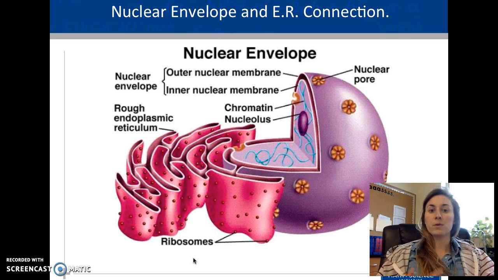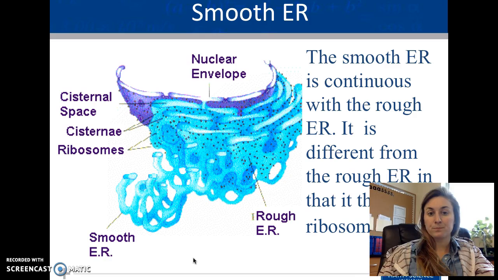If we think about the purpose of the endoplasmic reticulum and the ribosomes that are located on the rough ER, its primary purpose is creating and packaging and shipping proteins and sending them to their respective places. And so it's easy for me to directly get my RNA that's come from my DNA to my ribosomes to create my proteins, and then the proteins get shipped using my endoplasmic reticulum.